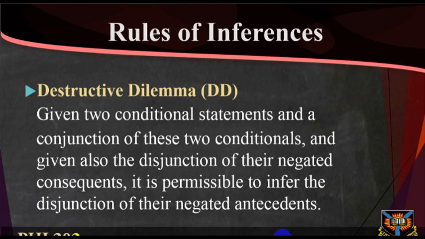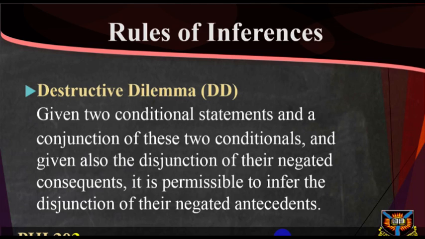Number 1 and 3 is under modus ponens. Number 3 is under simplification. Number 4 and 5 are under modus ponens. Number 6 is under simplification. Number 7 is under addition. Number 8, D or E.